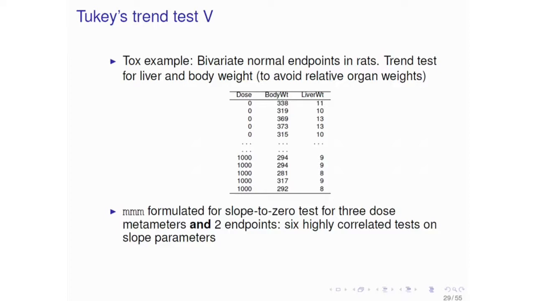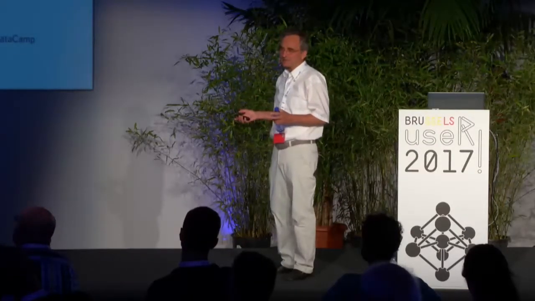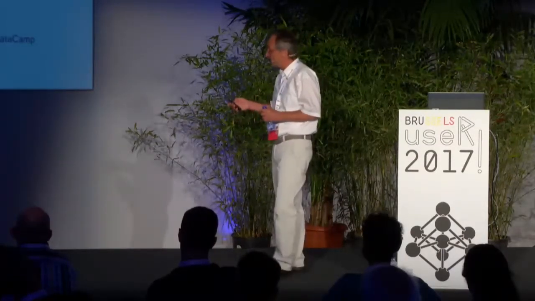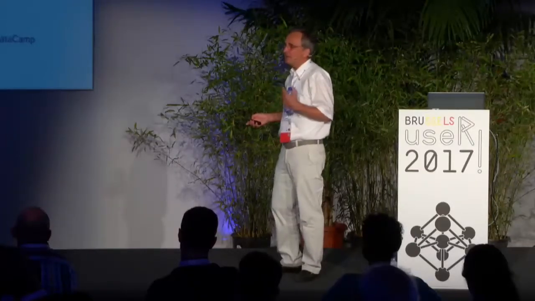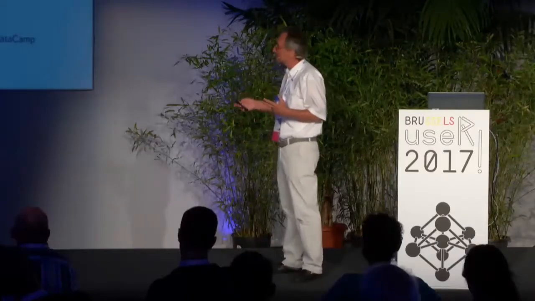What we do now is we formulate slope-equals-zero hypotheses for these 3 dose metameters, arithmetic, ordinal, logarithmic, and the 2 endpoints. So I do 6 correlated tests on slope parameters, and they are highly correlated, you can imagine. Body and liver weight are correlated, and the 3 dose metameters are correlated. So the penalty you pay to consider more than one model is not too large.